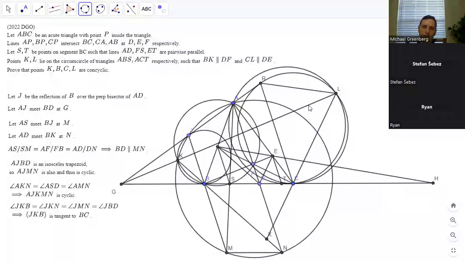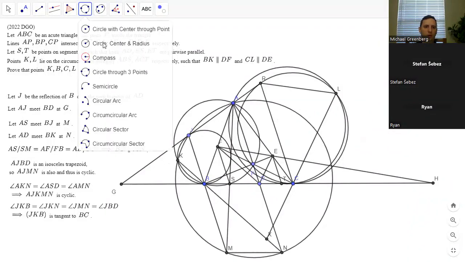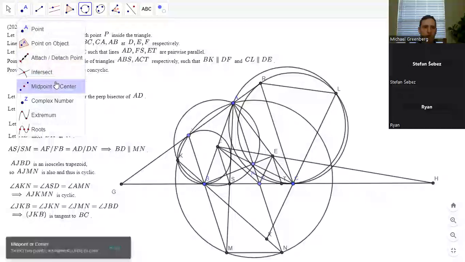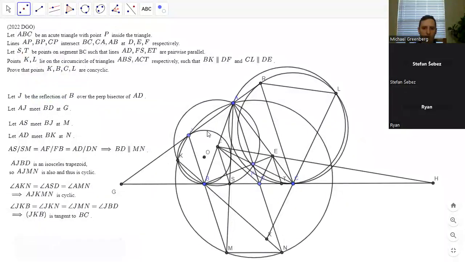Okay, so I'm going to hide this line just so we don't get confused. See if this works. Centers.